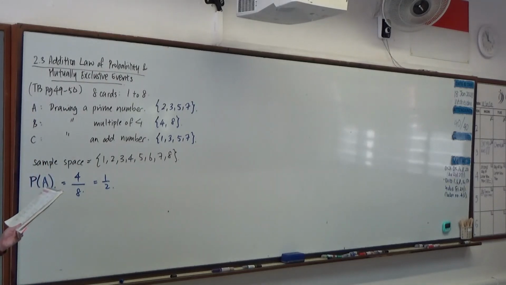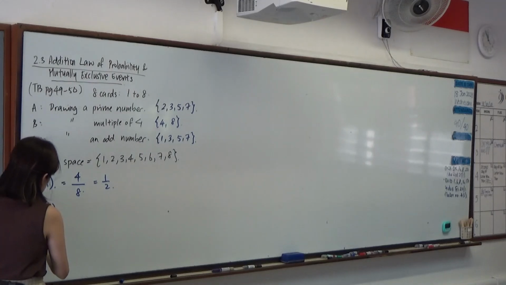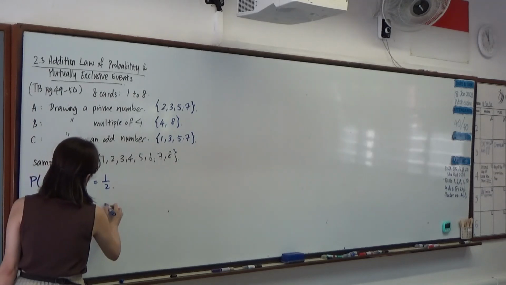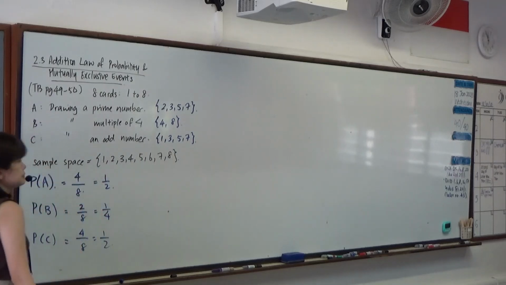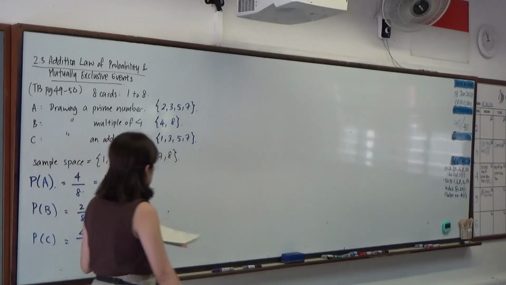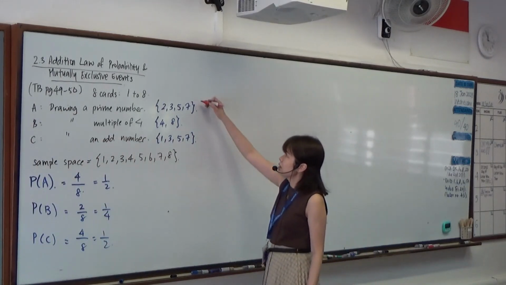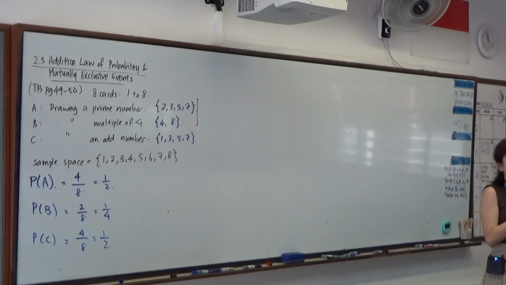Okay. We do the same to find out the respective probability for the events B and C. That will be 2 over 8, 1/4, as well as 4 over 8 again, half. Now, we notice that between the events A and B, there is no overlap in the favorable outcomes.